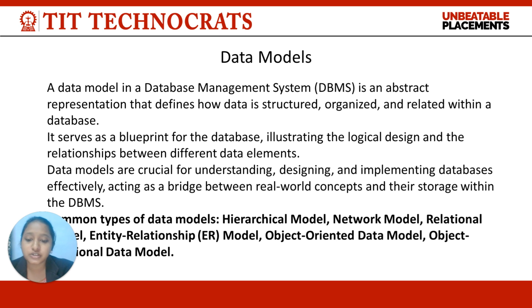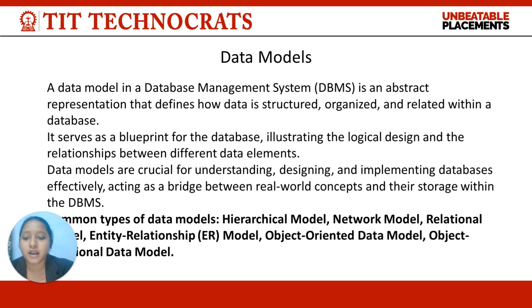The entity relationship model (ER model) represents data visually using entities, attributes, and relationships. For example, a student entity can have attributes like name and roll number, and a relationship with a course entity. Lastly, the object-oriented model stores data as objects, just like in programming.